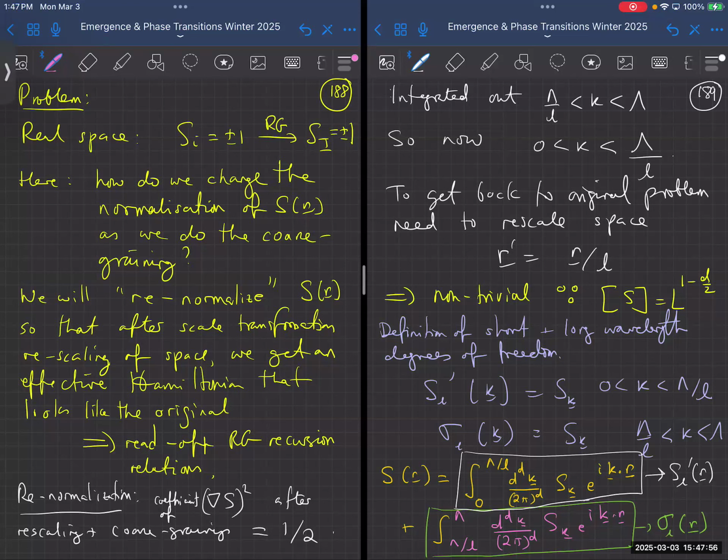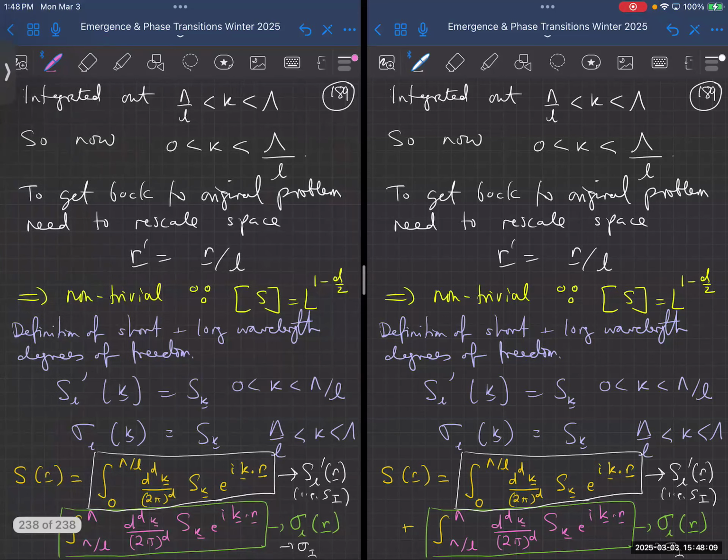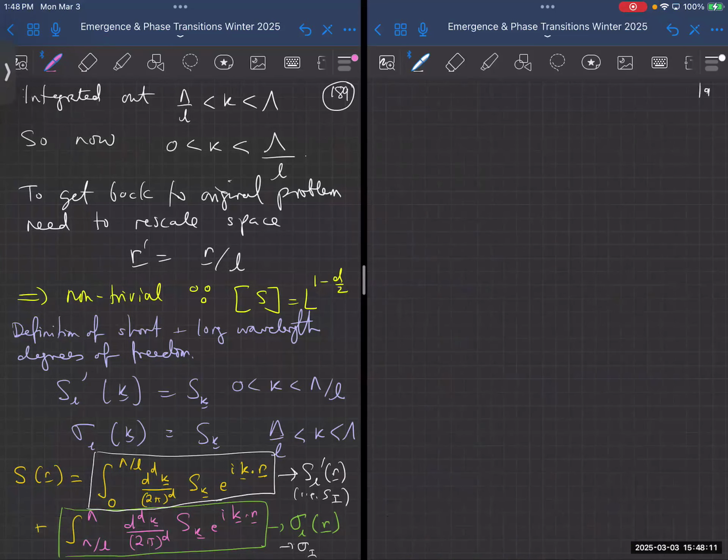So this is the analog to the block spin S I, and this thing over here is the analog of the sigma i's that we had in our real space. Okay, so now let's write down the effective Hamiltonian. And this is essentially the following.